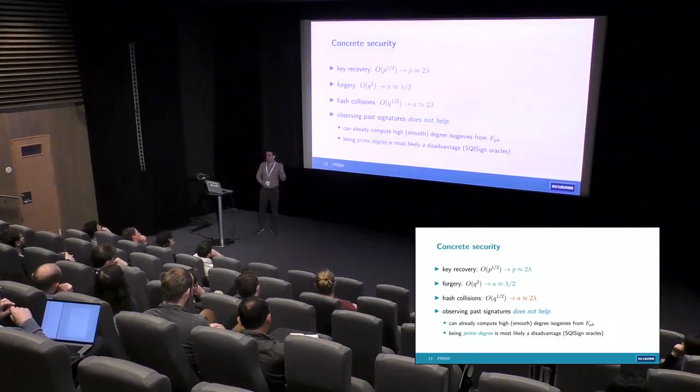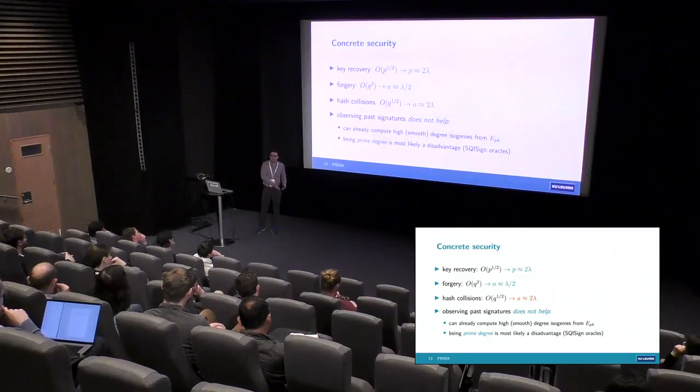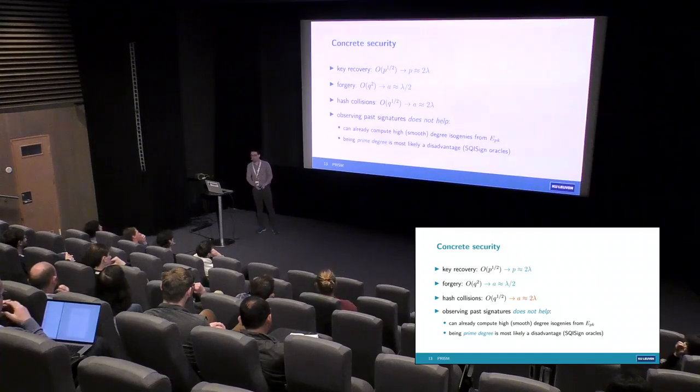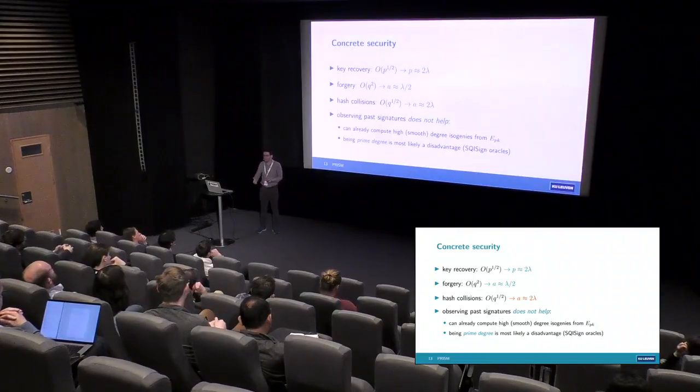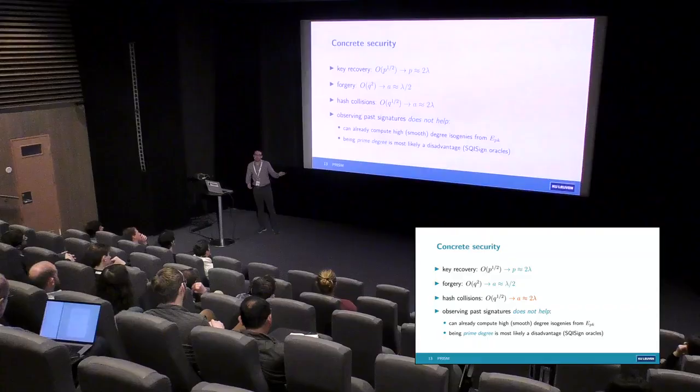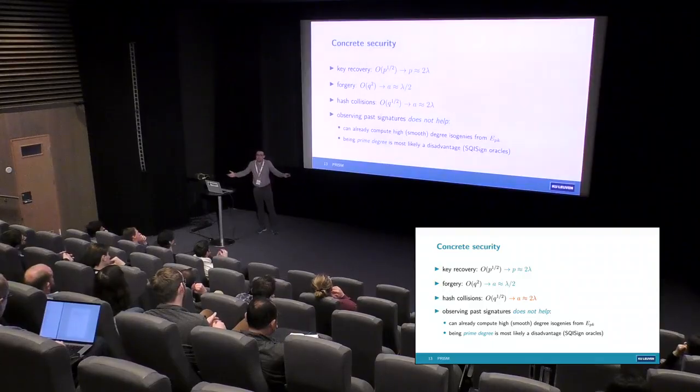If someone finds a better way to compute isogenies, if someone finds an attack against our hard problem, we're kind of covered for a bit, because the sizes that we have are much more secure than what we would need for our hard problem. On the other hand, it means that we're kind of losing something. If we could really get this to work with lambda over 2 as the size of our prime, then it would be much, much faster than SkiSign in any possible way. But the hash is there, and so we have to respect it.